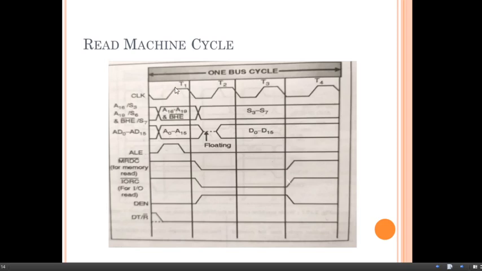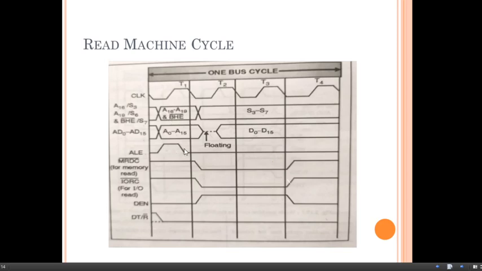Similarly, in the same T1 clock cycle, the address A0 to A15 is available on these multiplexed address lines, and similarly the bus high enable signal along with A16 to A19 address is available on these lines. So this is present in T1 clock cycle.